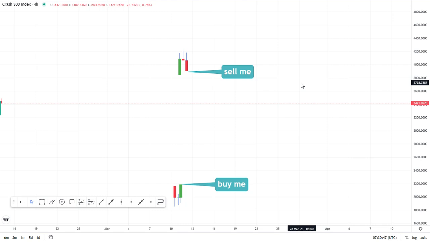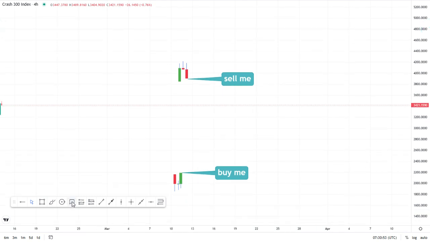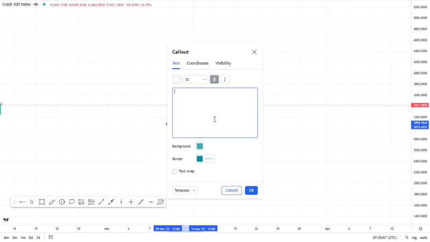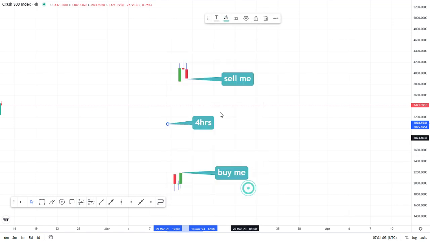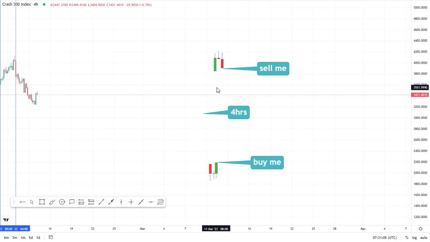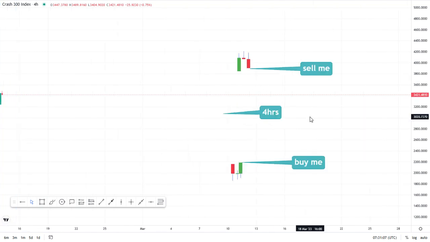Now this is a very simple strategy, and we are going to be looking for this candlestick pattern on the 4 hour time frame. Basically we just have the 4 hour time frame to check for this particular candlestick pattern.